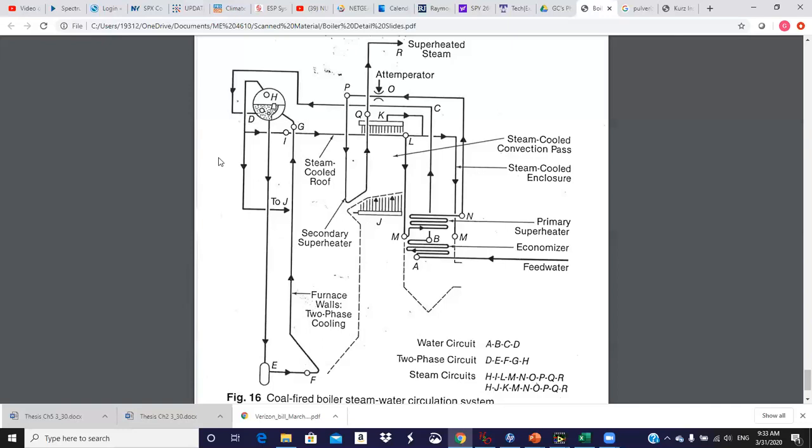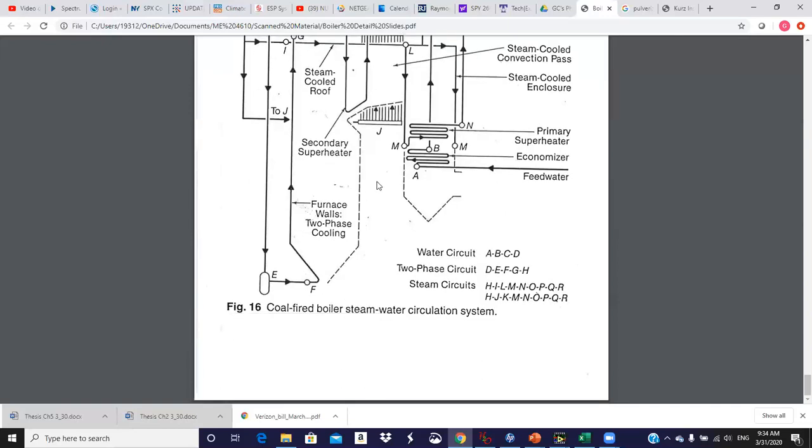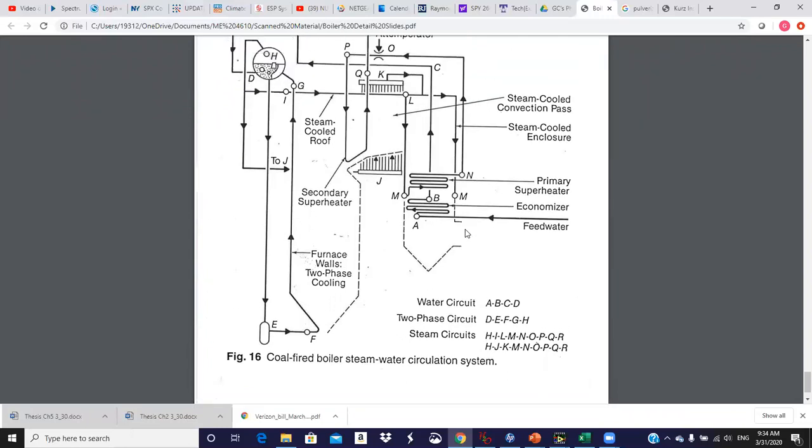So anyway, you should think about that. Think about the other pictures that you've seen, and hopefully that'll give you some kind of an understanding of the flows through the boiler.